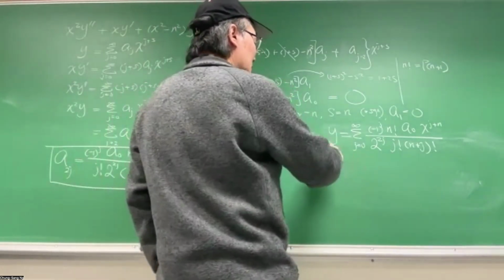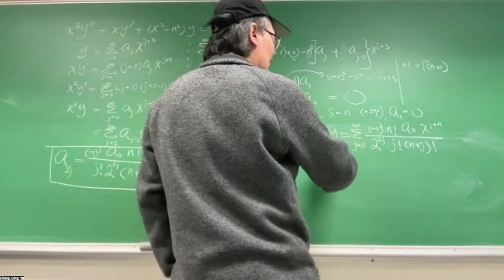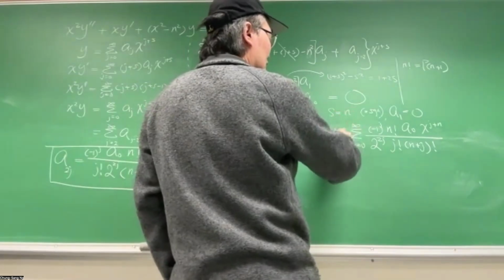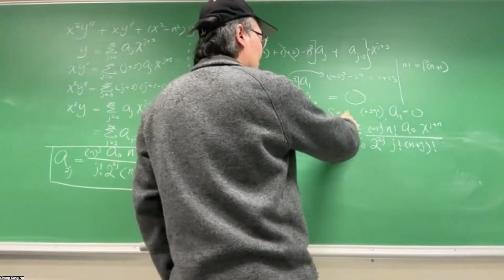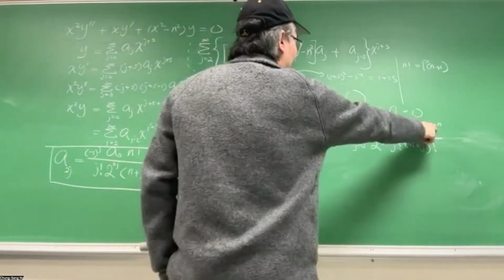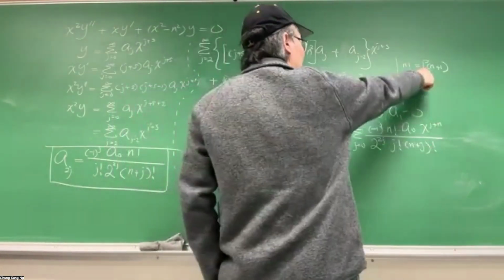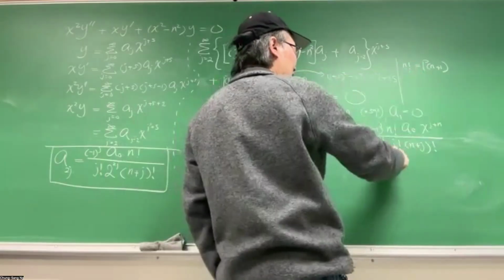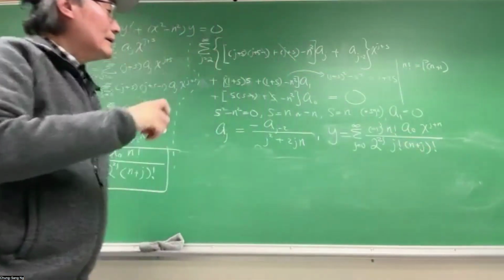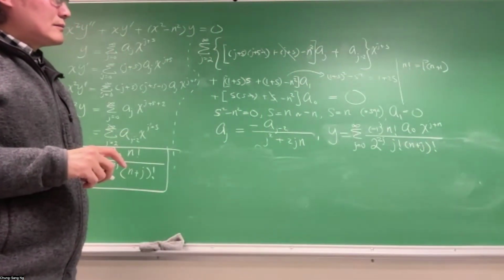Now there are two cases. One is n is an integer, the other is real. For a general real n, non-integer n, obviously first you need to change all this factorial to the gamma function, which is fine.